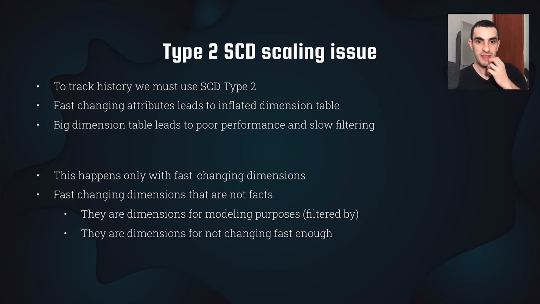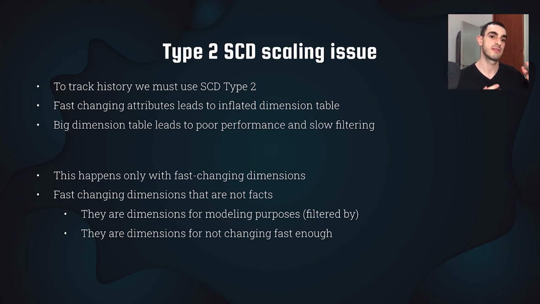So in order to track history, complete history, when things changed and what changed and everything like that, we need slowly changing dimension type 2. But if the slowly changing dimension is changing fast enough, it might lead to an inflated dimension table.